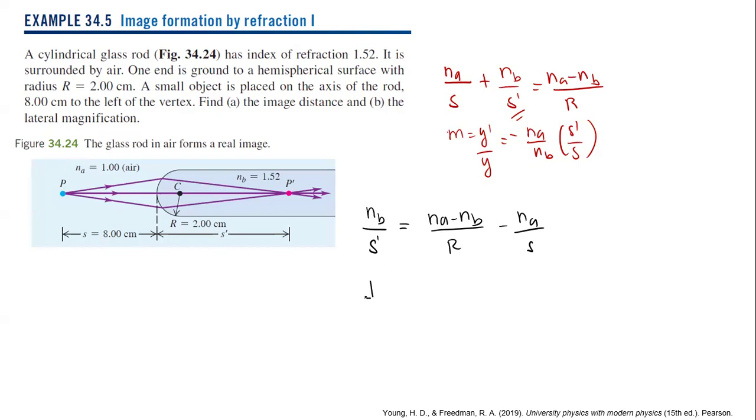So 1 over s prime is equal to 1 over n_b times n_a minus n_b over R minus n_a over s.